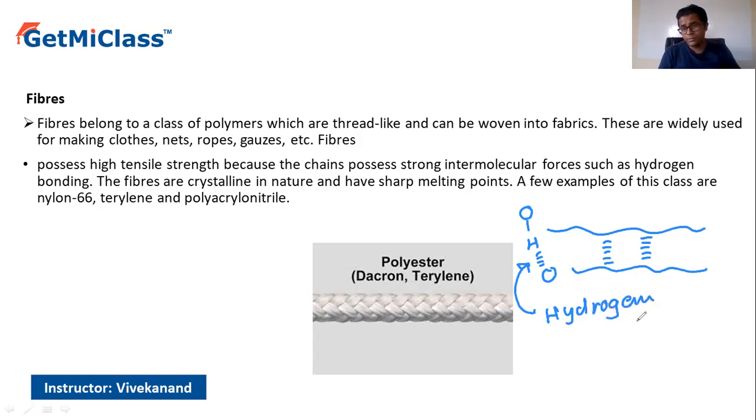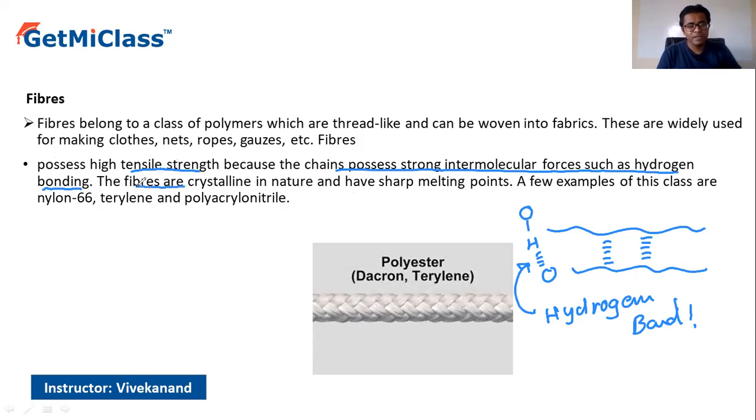When the hydrogen bond is created, the fiber will have a higher tensile strength. That means it becomes compact and its density increases. So the tensile strength increases because the chain possesses strong intermolecular forces such as hydrogen bonding.